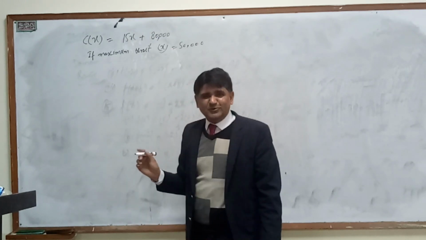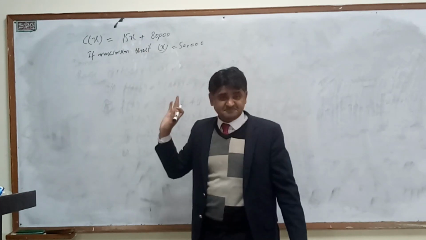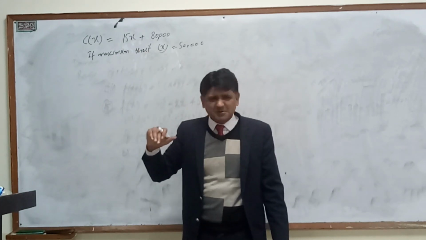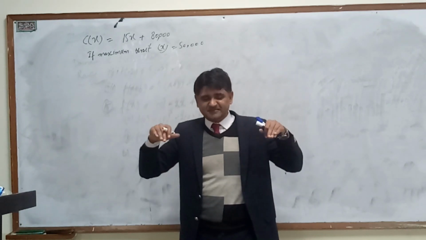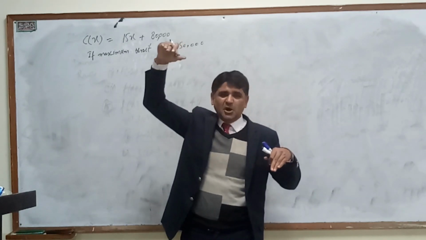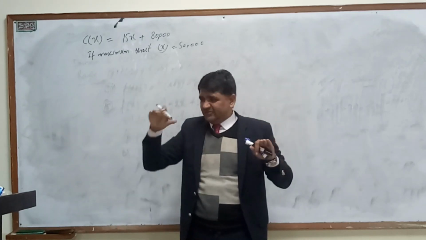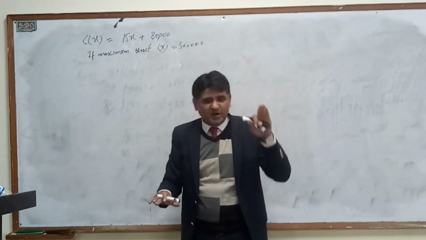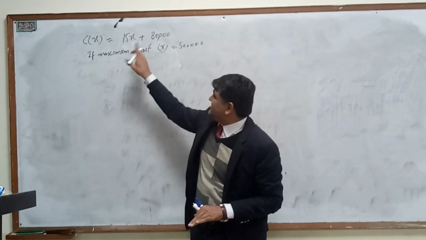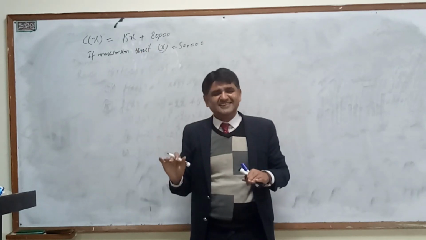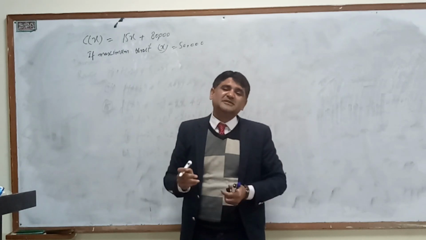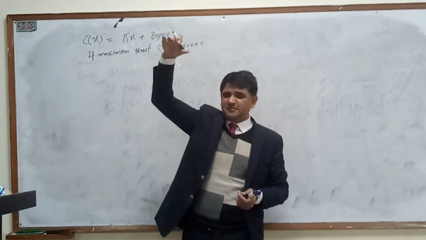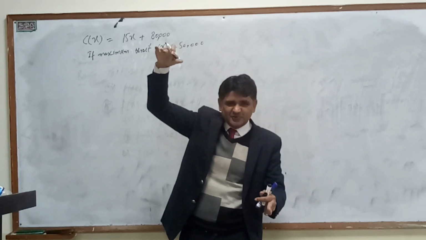If input is maximum, slope is positive, output will be maximum or minimum? Slope is positive, direct relation. If input is maximum, output is maximum. If there is inverse relation, then it will be the opposite: maximum input, minimum output.